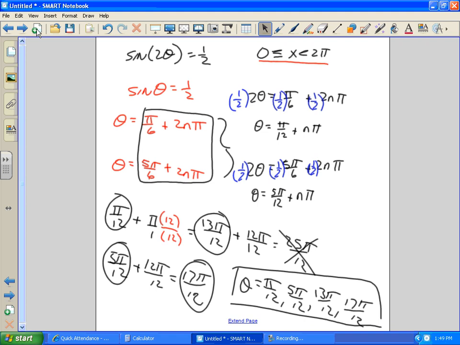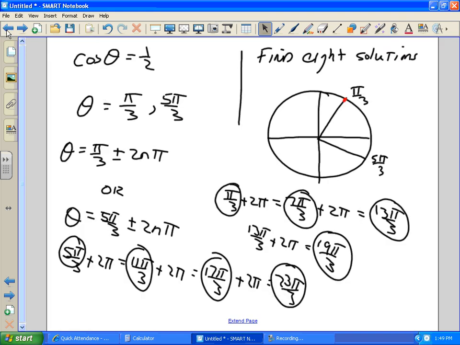Okay, so we see where it says pi over 12 plus pi. Why do you start writing it with pi? Because if you go back here, remember what I said? If I want all the solutions, if I start here at pi over 3, as long as I'm adding 2 pi or subtracting 2 pi, I end up back at pi over 3. It's the same idea with the pi over 6 angles and the sines and the cosines.